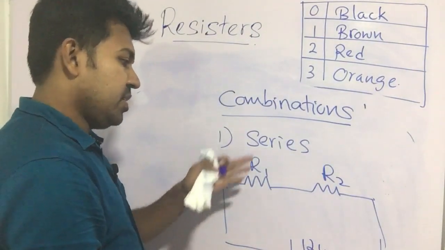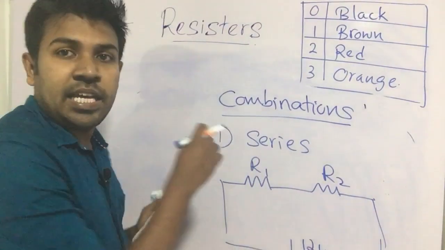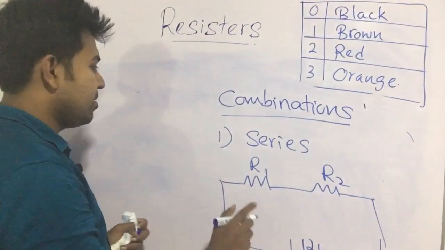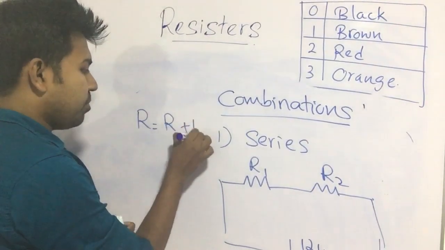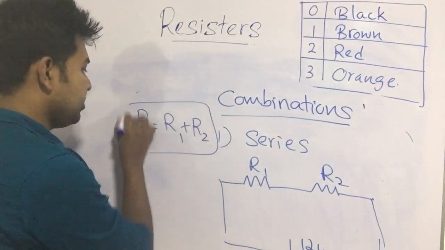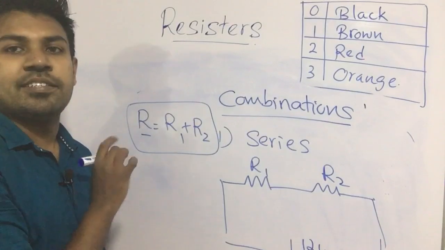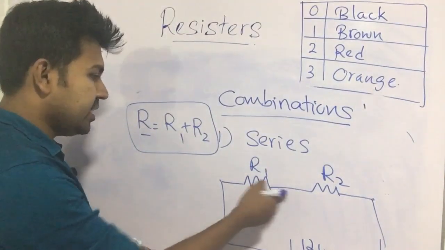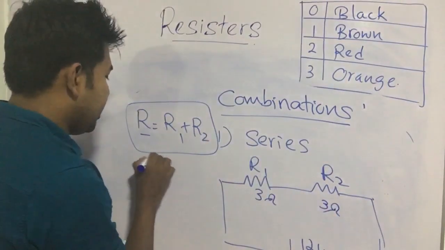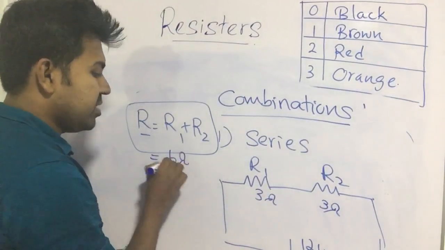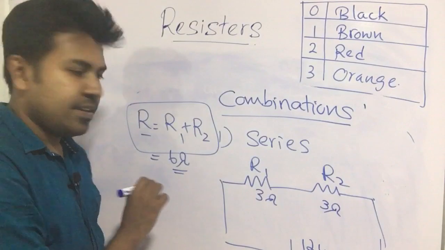I am not giving here the resistance values, but equivalent resistance can be found by R equal R1 plus R2. So this is the equivalent resistance. Here in this case, if you think this is 3 ohm, this is 3 ohm, then equivalent resistance is 6 ohm. It's just simple, right?